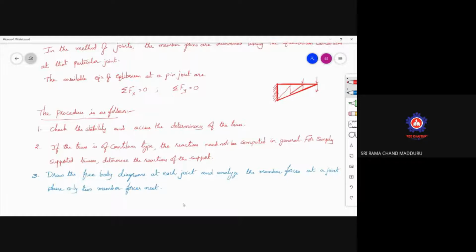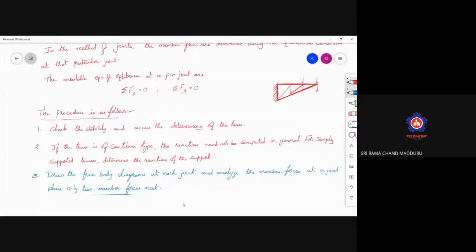So just understand here the meaning: draw the free body diagram at each joint and analyze the member forces at a joint where only two member forces meet. I will tell you why we have to consider a joint where only two member forces meet. Just note this point.